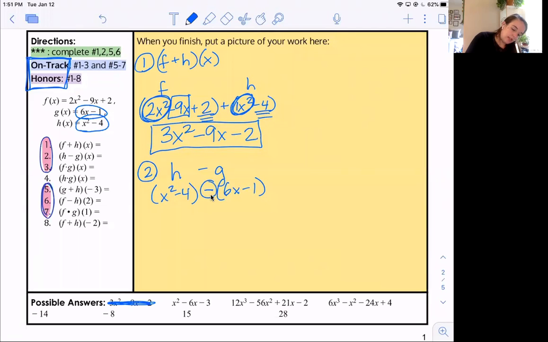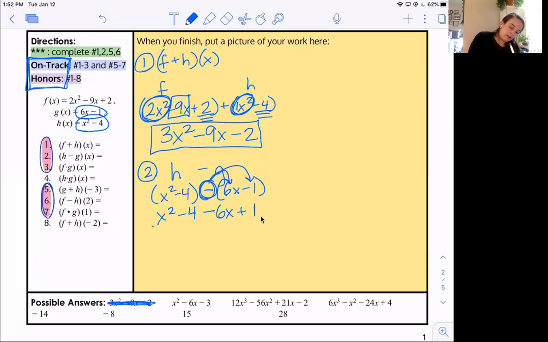So I'm going to take this negative and put it in. So I have negative 6x plus 1. The negative goes on the 6x, and the negative goes on the negative 1. So we get positive 1, and then we have x squared minus 4. Cool. We're going to look for like terms.